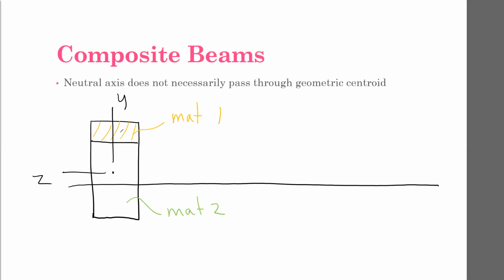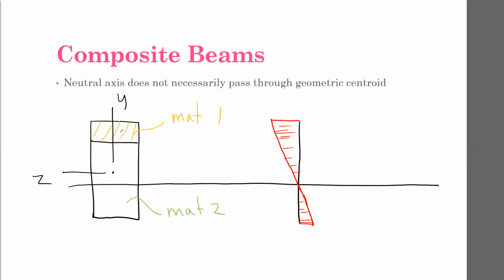And then when you draw your strain, remember the strain is 0 at the neutral axis or the neutral surface. So you end up with this strain distribution that is not symmetric.